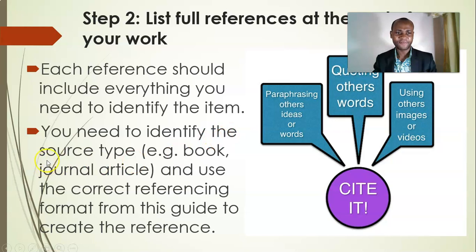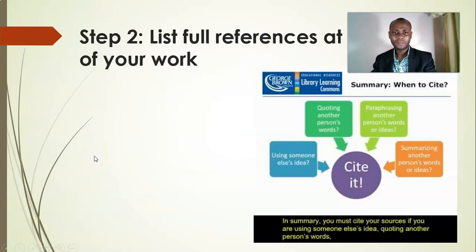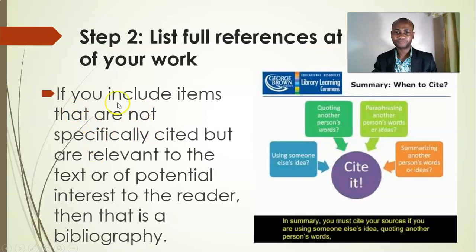You need to identify the source, which is the book or journal, and use the correct referencing format from the author's guide to create the reference. So you need to indicate all the information about your reference. If you include items that are not specifically cited but are relevant to the text or of potential interest to the reader, then you have to include that in your bibliography.